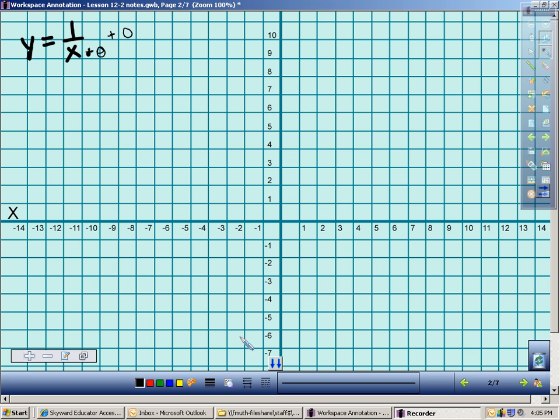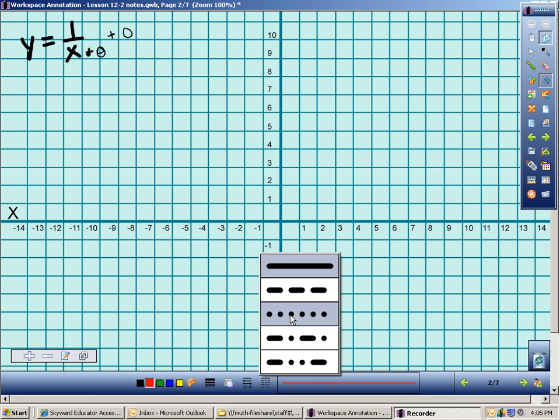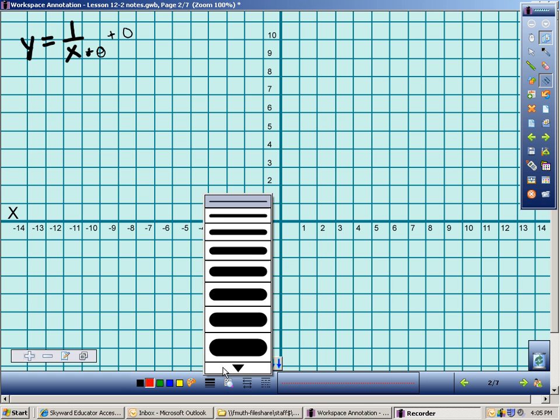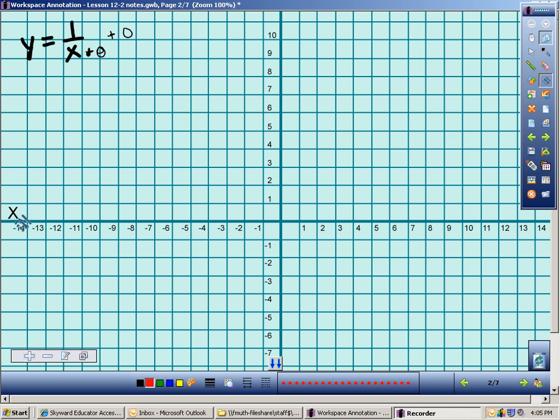So let me actually quickly sketch those in. And I would always recommend you do this. In fact, I'd ask you to do it on quizzes or tests. And okay, so here's my vertical and horizontal asymptote. And that means that my hyperbola will never actually touch these 2 lines. They will approach these but never touch.